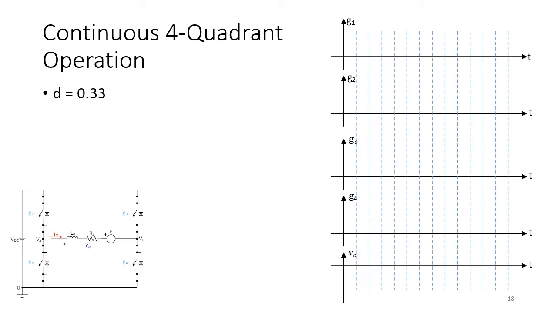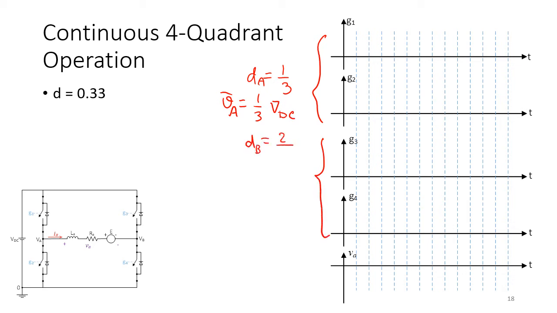This time D equals 0.33 or 1/3. So here dA is 1/3 and VA average is 1/3 of VDC. dB will be equal to 2/3 and VB average will be equal to 2/3 VDC. So what will we see here?